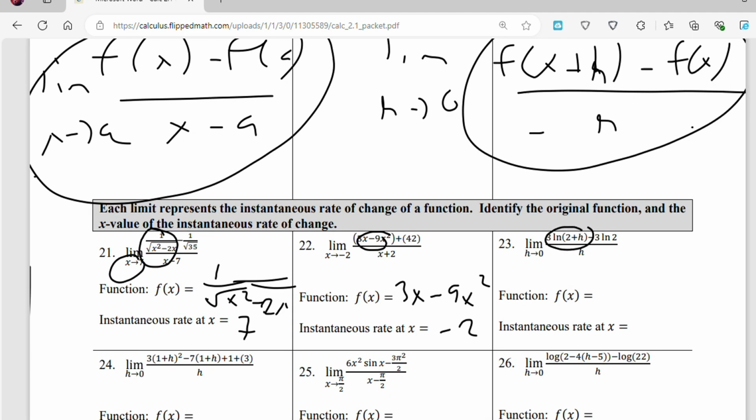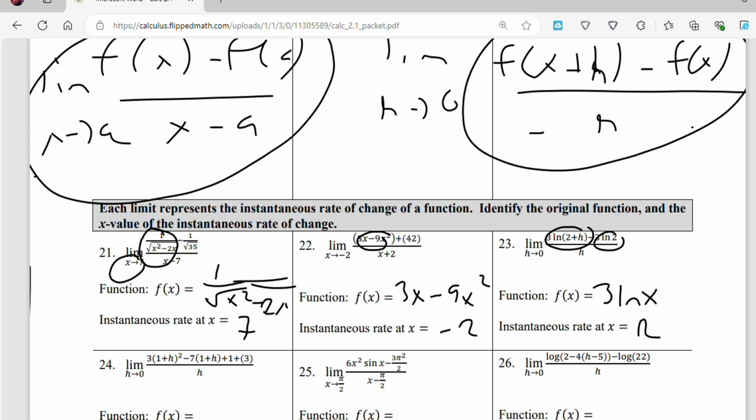Well, we see a 3 in both of these, so that's not going to change. We also see an ln. That's not going to change. And so we have a 2 on both. That 2 is going to be our x. And then our function is going to be 3 ln x.